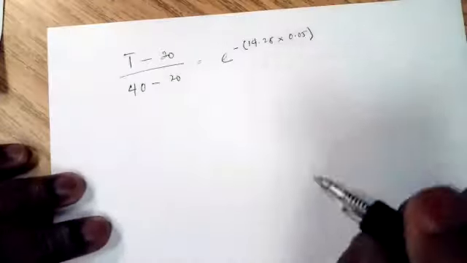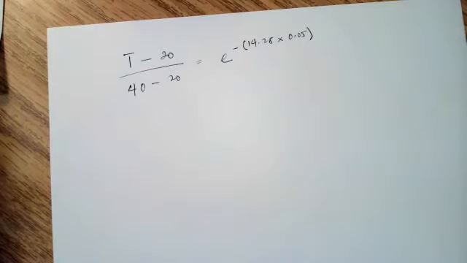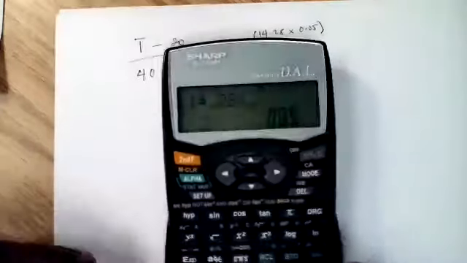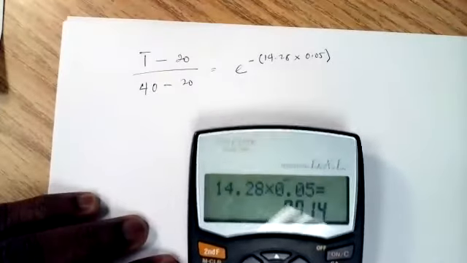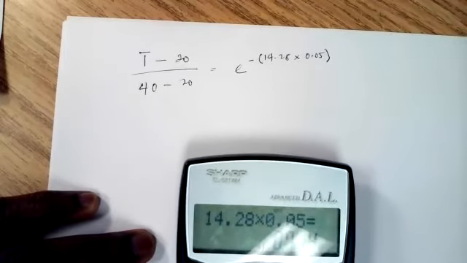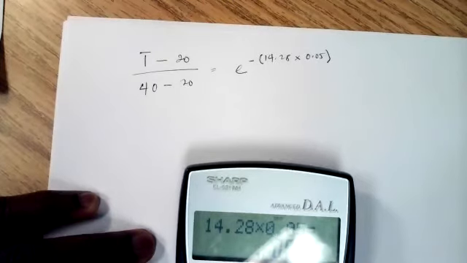Okay. So now let me evaluate this exponential first. 14.28 multiplied by 0.05. Put that down. Okay. We get 0.714. Okay. I'll multiply that by -1.